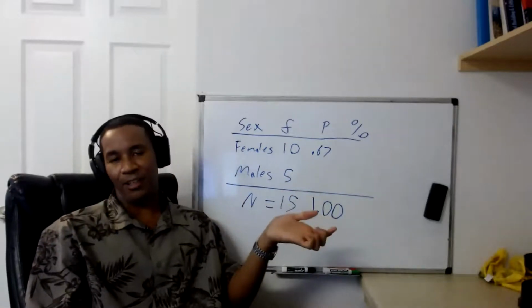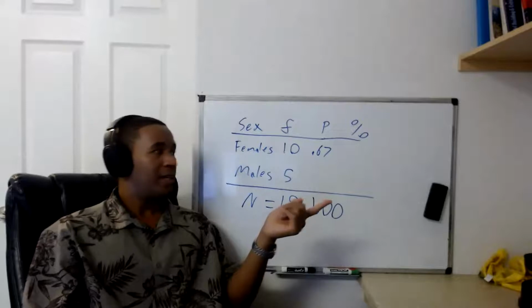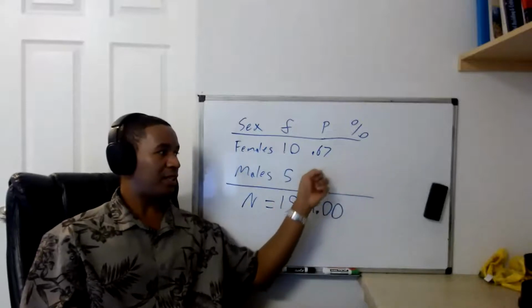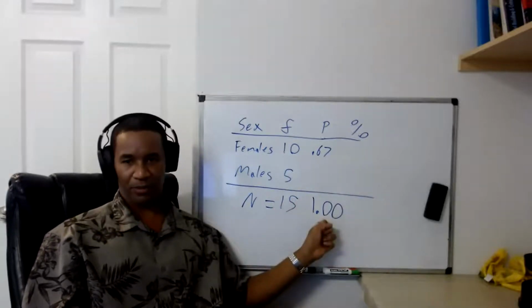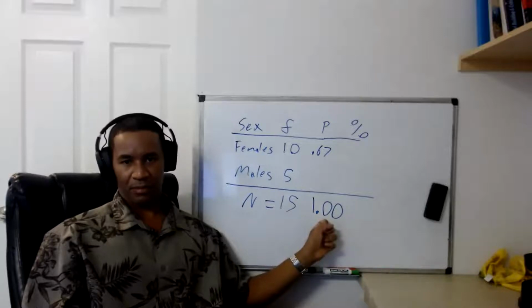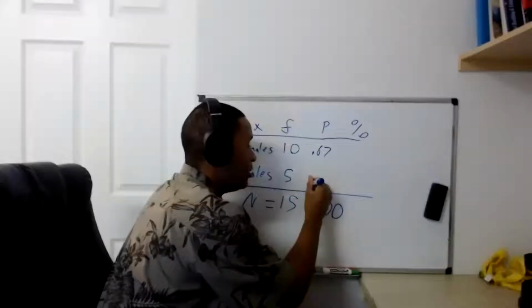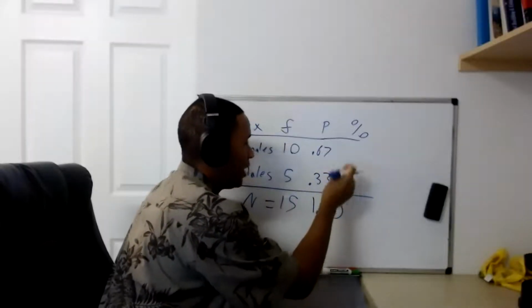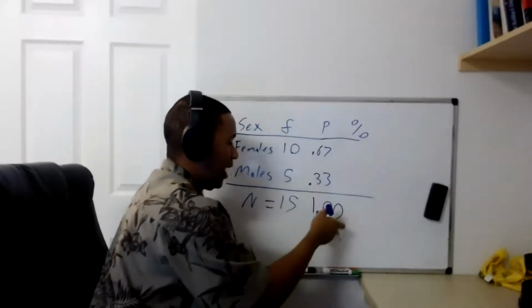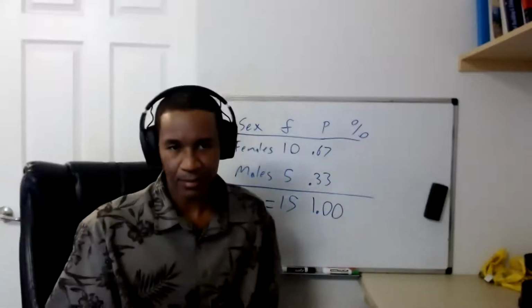It's not going to take that long, but I don't necessarily need to do that. Because if this is 0.67, what do I need to have here to get to 1.0? 0.33, good. So I could just put 0.33 because I know 0.67 plus 0.33 adds up to 1.0.